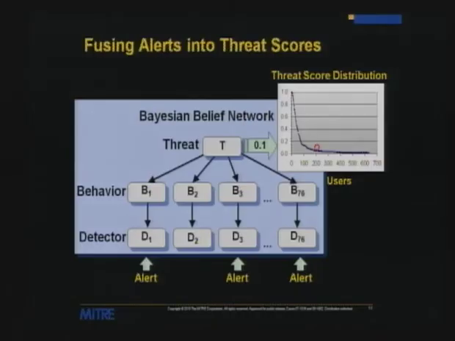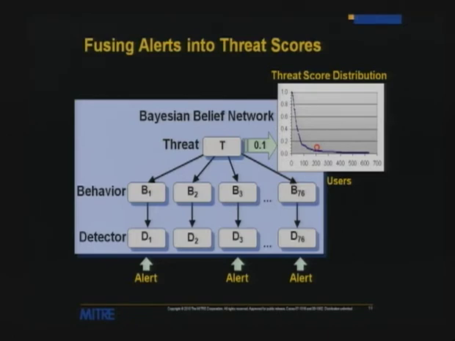At the root node, you have the probability that they're a malicious insider. Beneath that, you have what we call the behavioral layer, and really these are things where you're thinking about what's the probability they will engage in behavior 1, 2, 3, etc., given that they're malicious, or what's the probability that they engage in it given that they're not malicious.